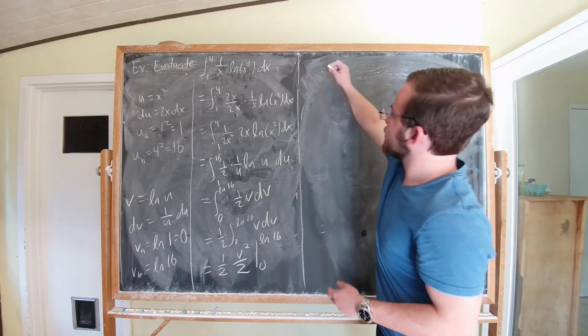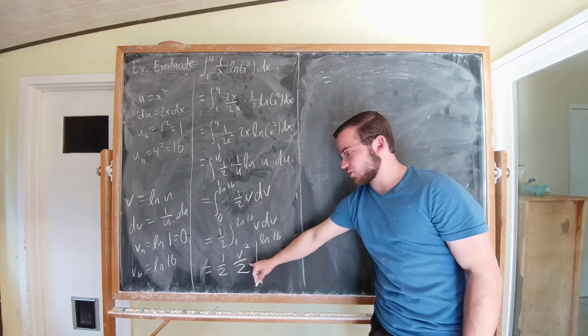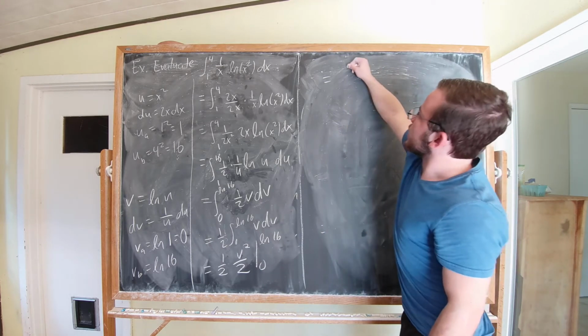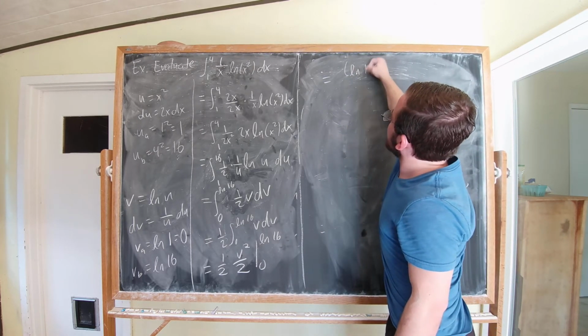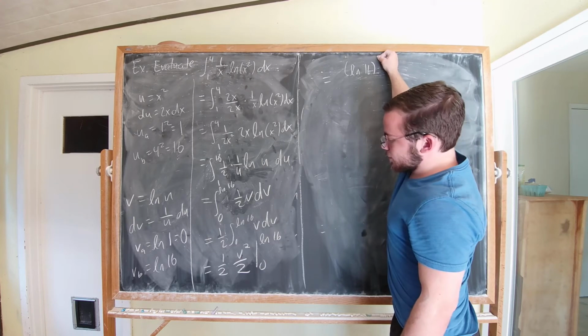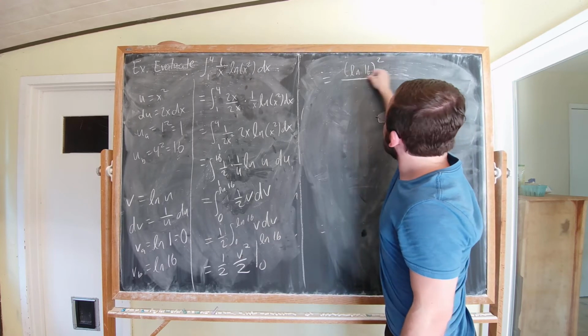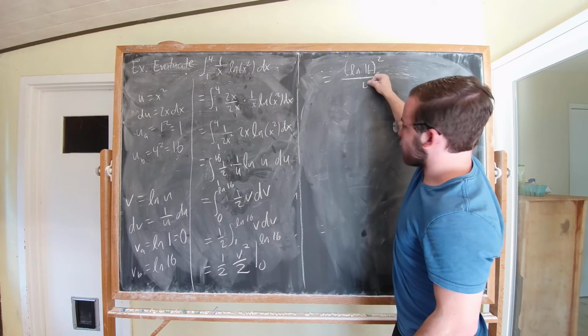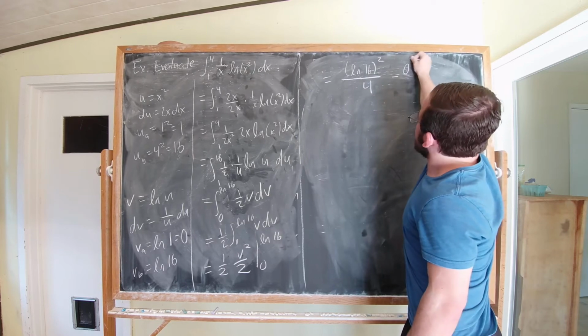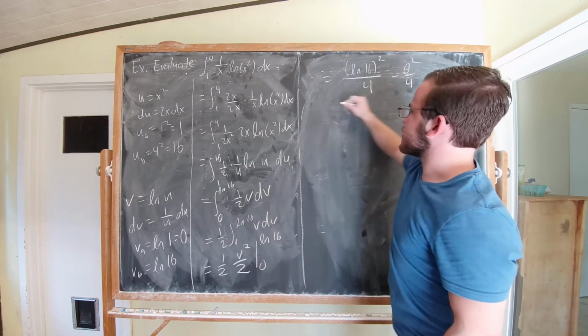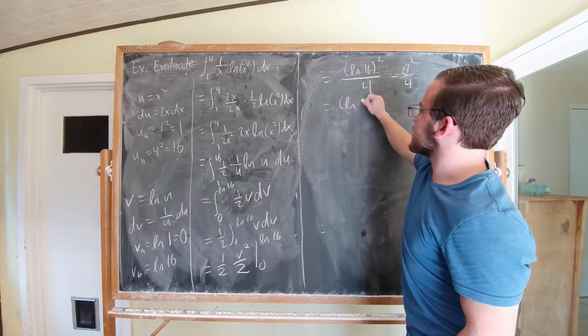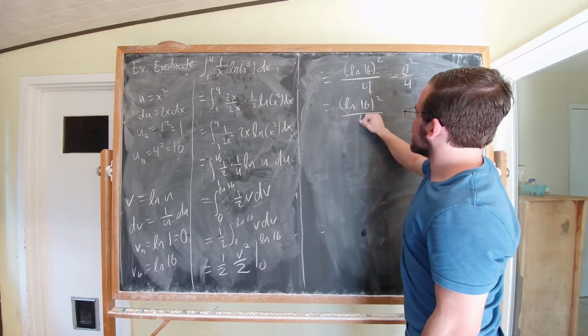And say this is 1/2 times 1/2 is 1/4. So we'd have the natural log of 16 squared divided by 4 minus 0 squared over 4. And that's just 0. So we'd end up with the natural log of 16 squared divided by 4.